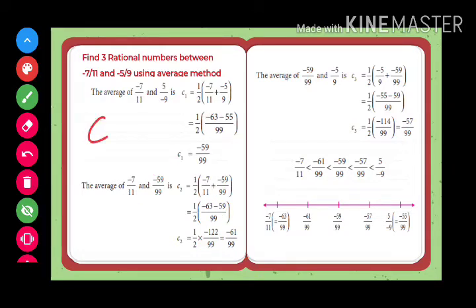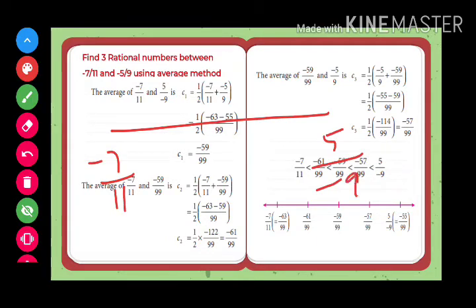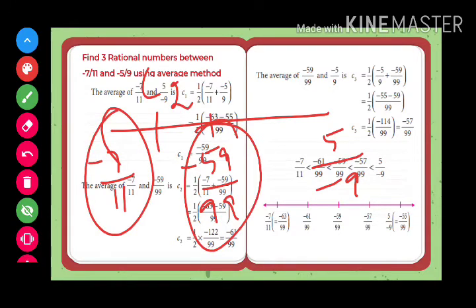Now you have got C1 and C2. Okay, now your A is minus 7 by 11, your B is minus 5 by 9, and your C1 is minus 59 by 99. You have already found C2 by taking these two values. Now you can find C3 by taking what values?